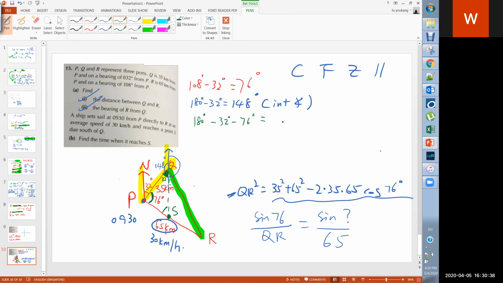Is it 108? Help me out. Wait, why minus? Should it be 32 degrees plus 76 degrees, then bracket minus 180 to get the angle? Hold on. Let me clear up. I'm looking at this triangle.